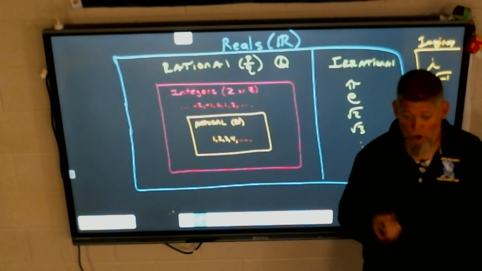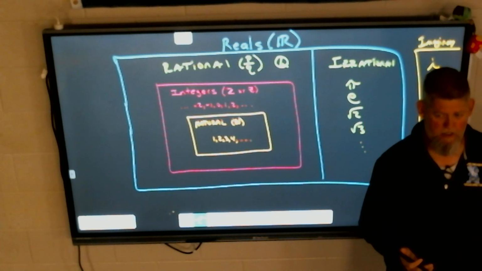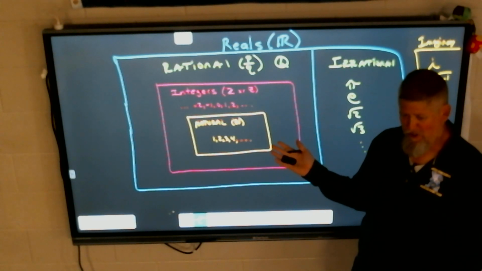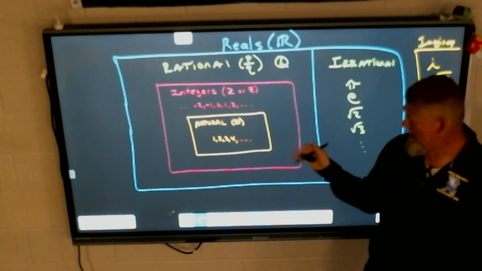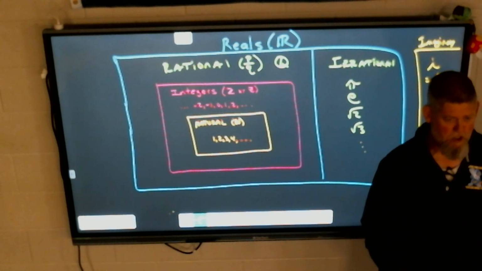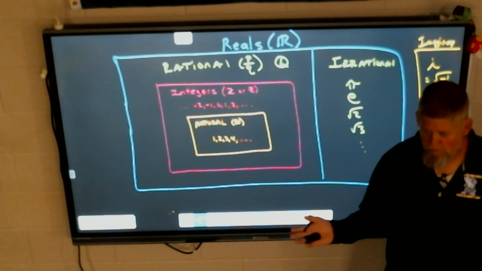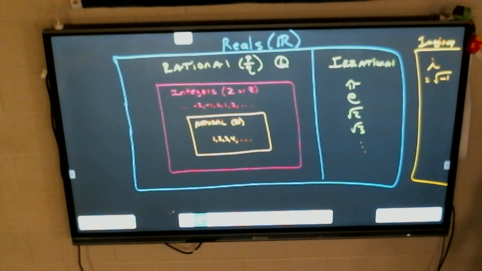If it is the set of whole numbers, there's one number missing. What is it? 0. 0 is considered a whole number. But we just don't worry about that extra set. Okay, it's just natural, integers, rational. If you want to talk about the whole numbers, it's just going to be integers that aren't negative, non-negative integers. It's the same thing. So those are your number sets. If that helps, great. If it doesn't, I'm sorry.